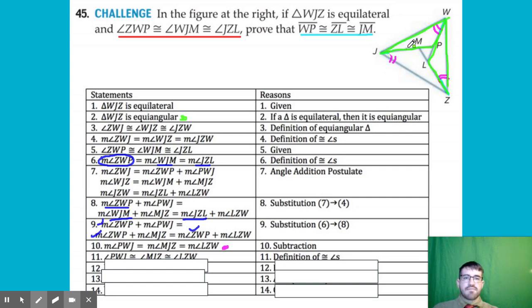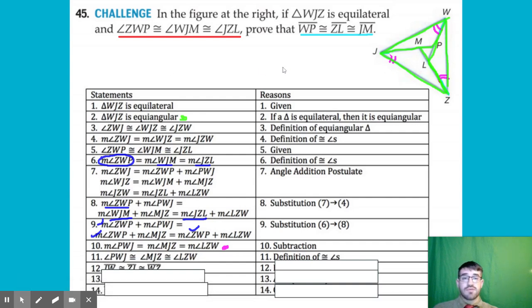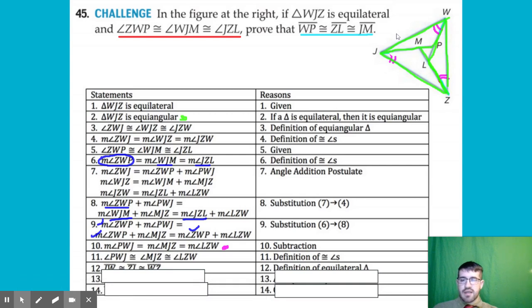And JM. We know that JW is congruent to ZJ, is congruent to WZ, because we are given that this is an equilateral triangle. So these outside measures must all be congruent.